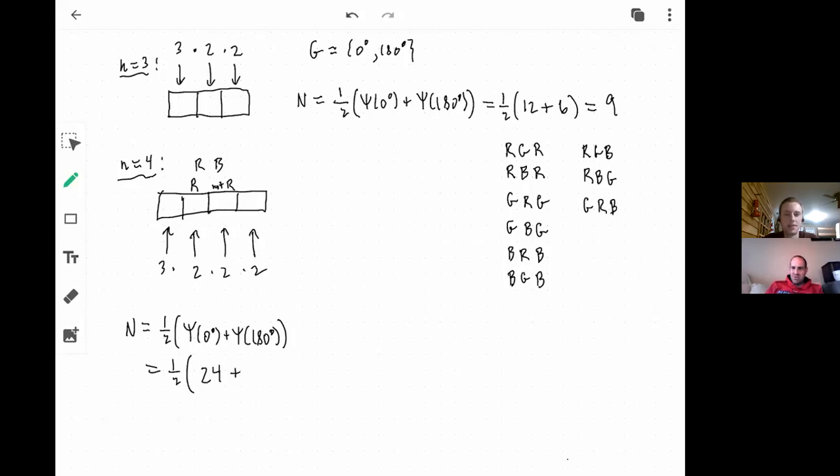How many colorings are going to be fixed if the sequence of colorings end up being different at every position in the baton? How many colorings are going to be fixed by 180-degree rotation in this case? None, because the middle will always be a problem. Yeah.